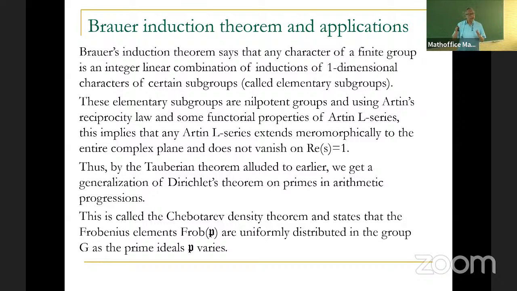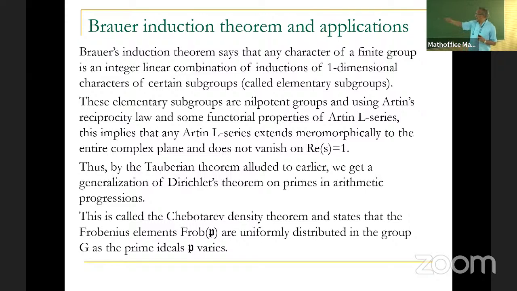That the Frobenius conjugacy classes are uniformly distributed in the Galois group. So you see, for primes in arithmetic progressions, the Galois group is the coprime residue classes modulo M, and you're associating each prime P to a residue class of P modulo M. And you're saying that infinitely many primes are occurring in each class.